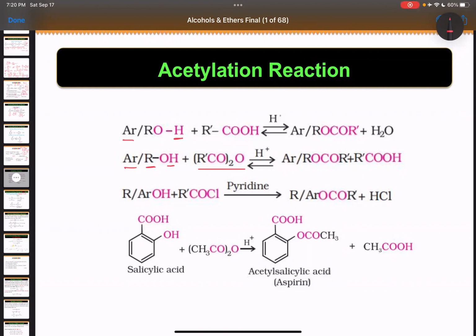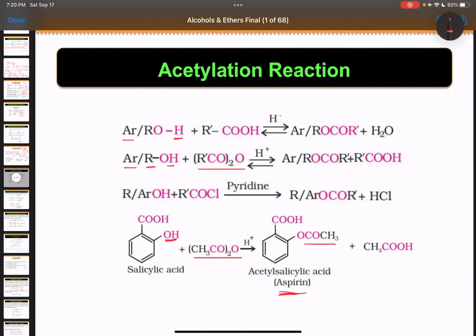That is called acetylation. And the acetylation reaction is very famously used for the preparation of aspirin. So for aspirin, you do the acetylation of the OH group by taking acetic anhydride and you end up with your aspirin. What is the IUPAC name of aspirin? Can you tell me?